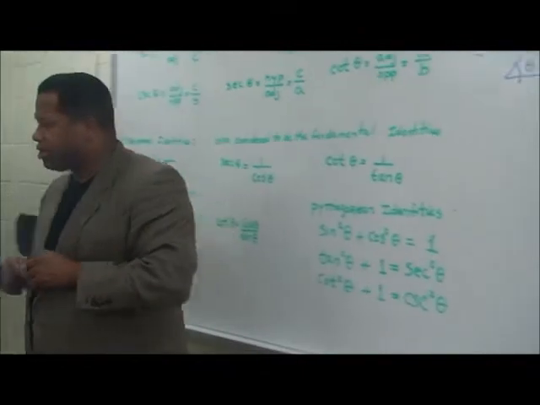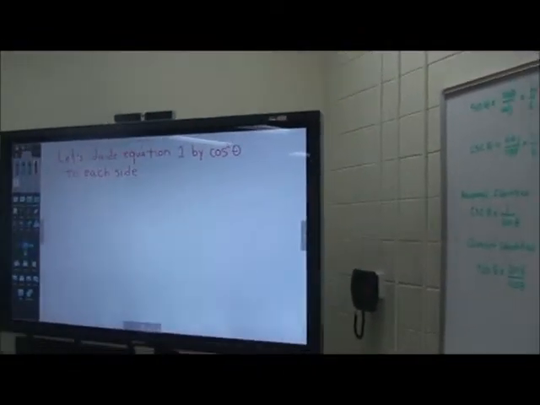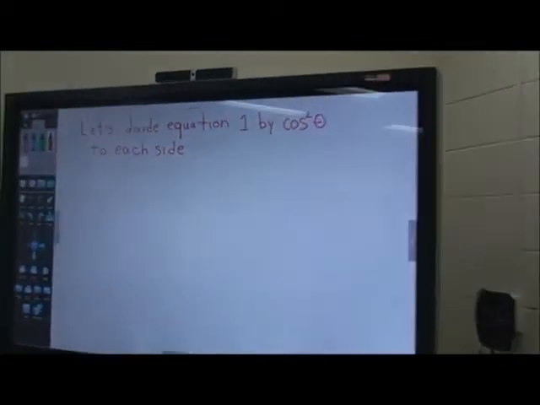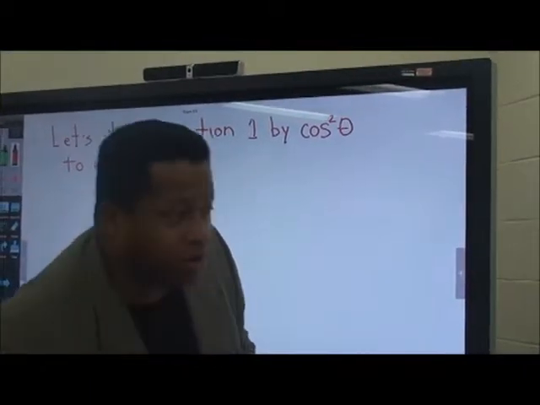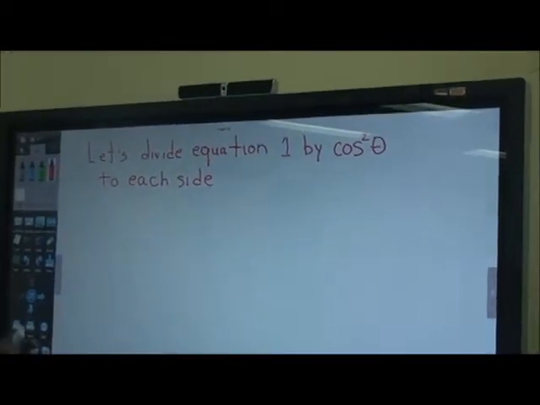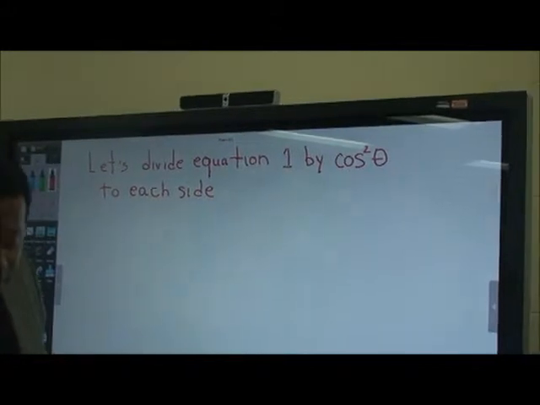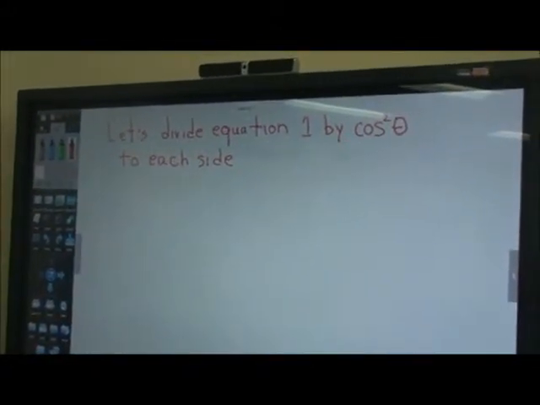Now, let's look at a few other things here. We can say that sine squared theta plus cosine squared theta is equal to 1, and that is equation 1.